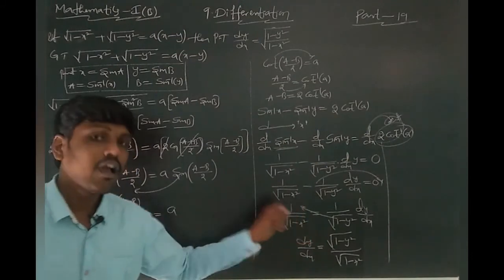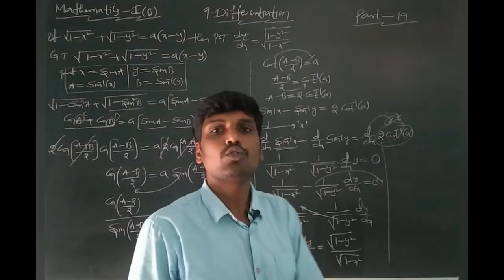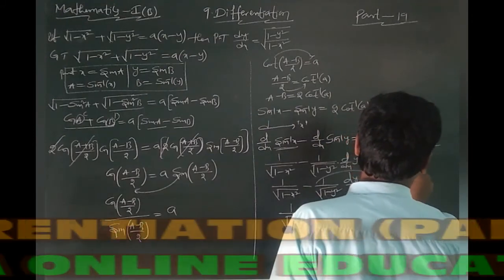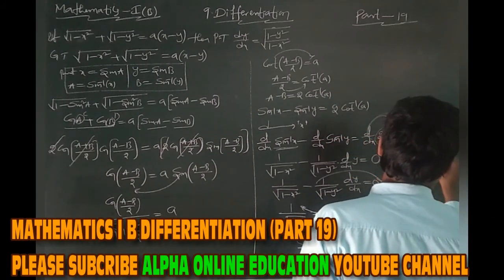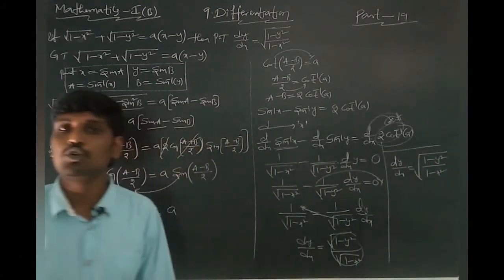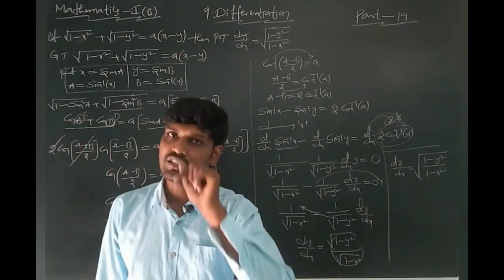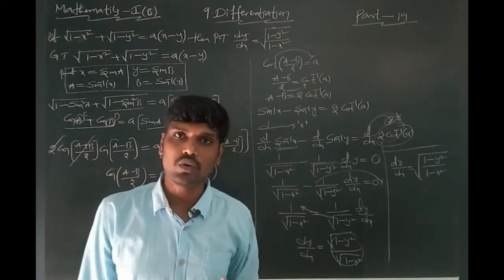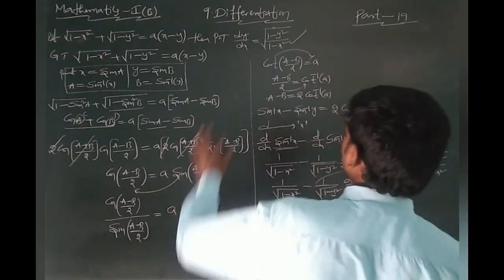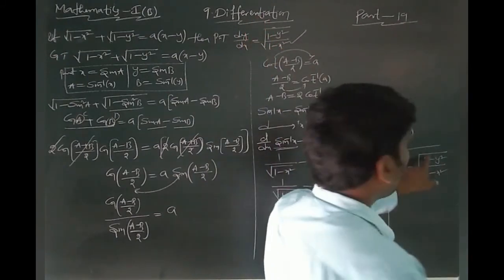After that, you can write it simply under one square root, using the formula square root of a by square root of b equals square root of a by b. So dy by dx equals square root of (1 minus y²) by (1 minus x²). Check: is this the correct one or not?